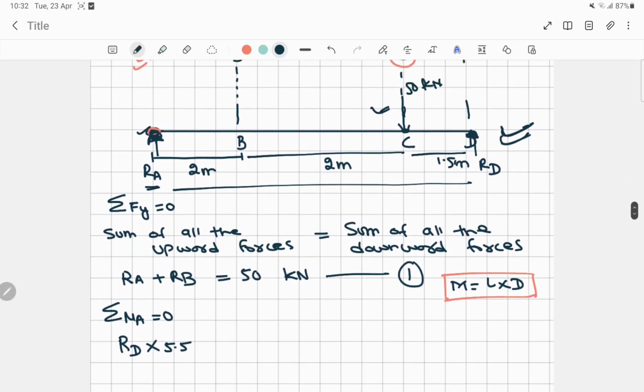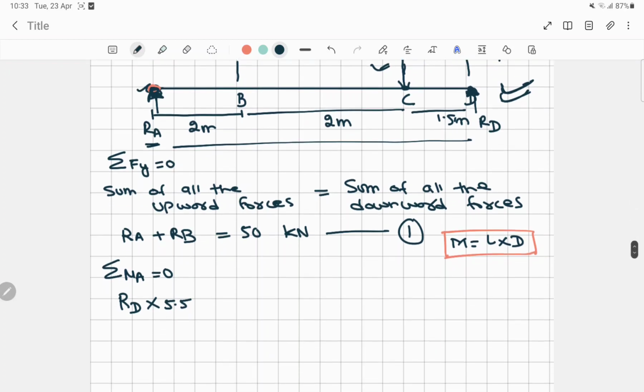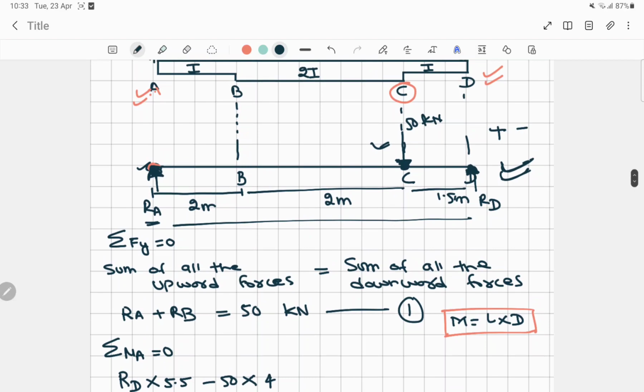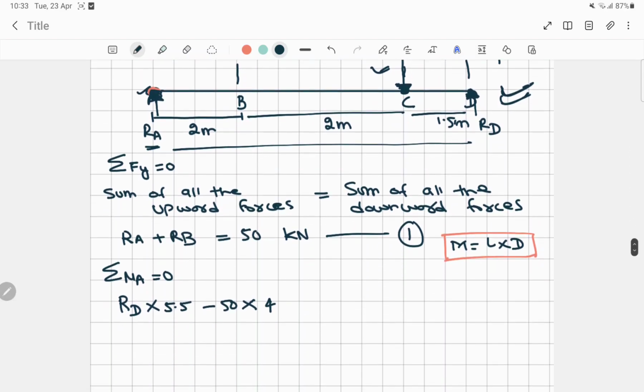Here we are considering upward forces as positive and downward as negative. So RD will be positive, and this force will be considered negative: minus 50 load into distance. The distance from here to reach A is 4, right? 4. And at B there are no other forces, so it is equal to 0.